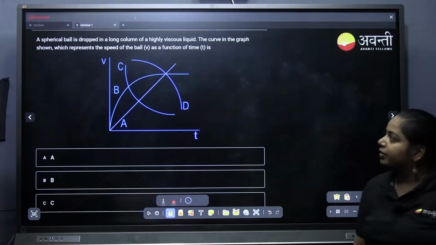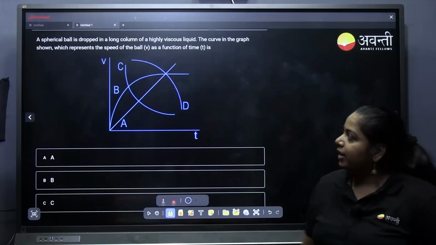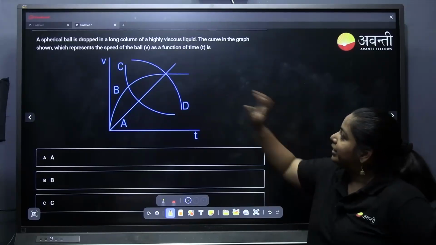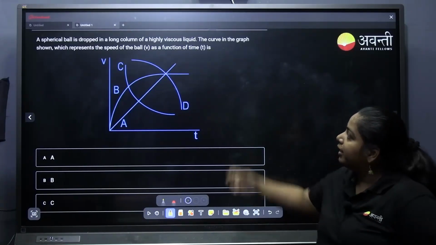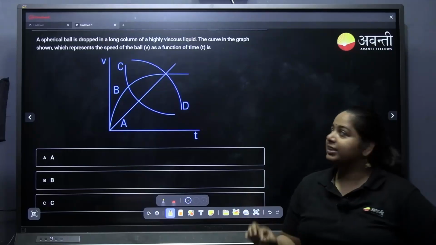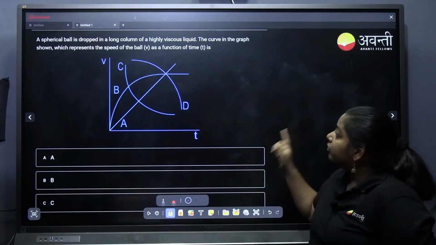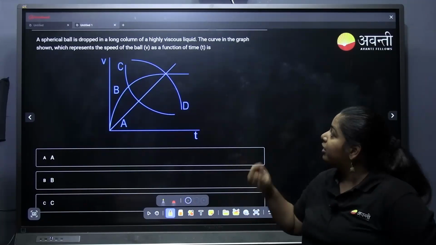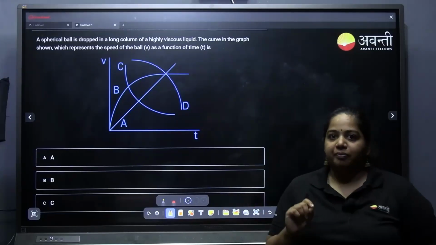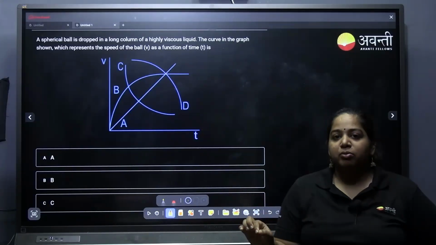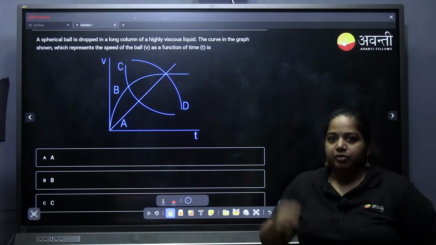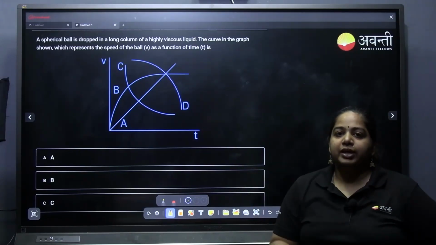Next one. Here they are talking about a spherical ball dropped in a long column of highly viscous liquid. The curve in the graph shows the speed of the ball as a function of time. From the start you have to find what the speed will be.